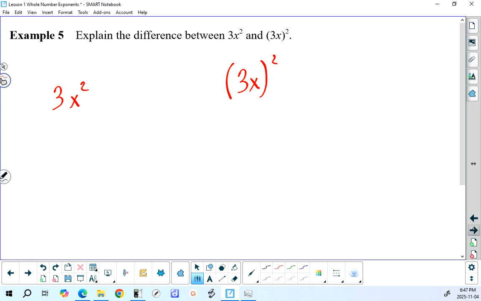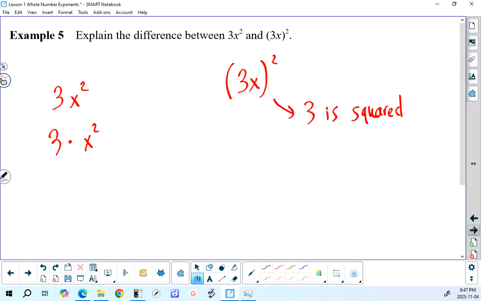And it means 3 x squareds. If I were to pronounce, without trying to use my voice to give you a hint, what's on the right, I would say 3x quantity squared. So what is the difference? The difference is that over here, the 3 is squared.